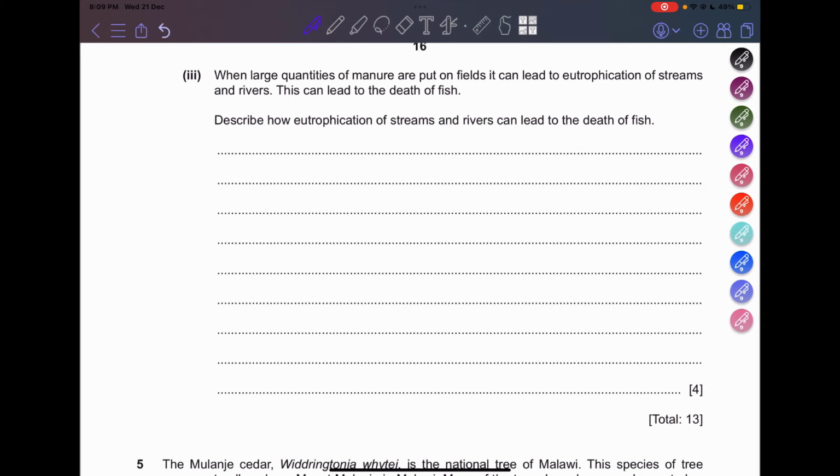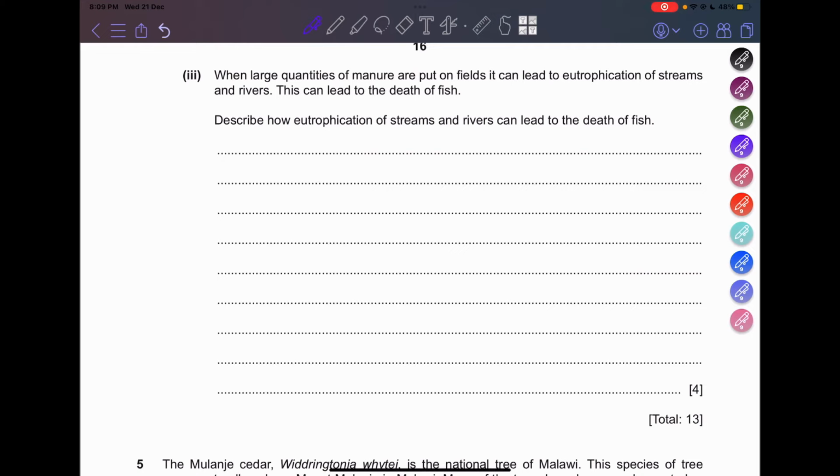So these plants on the surface will block the light reaching the plants down below the surface of the water. The plants down below will die, and when they die, the decomposers will go down and perform aerobic respiration to decompose the dead plants.